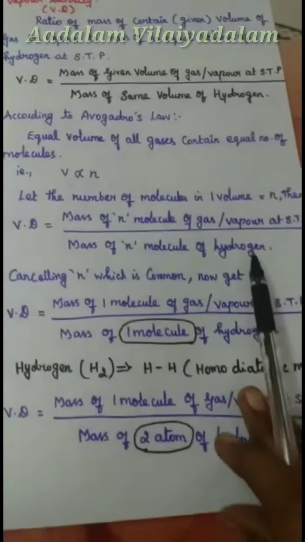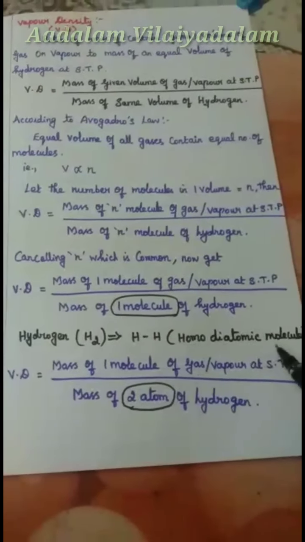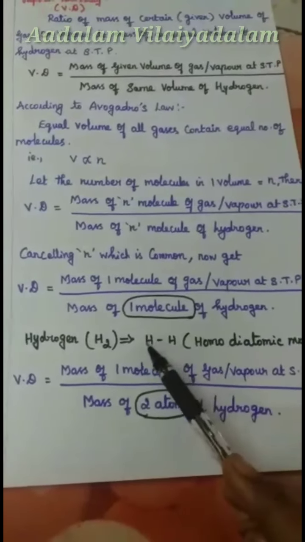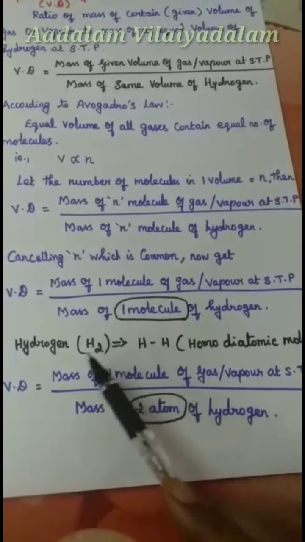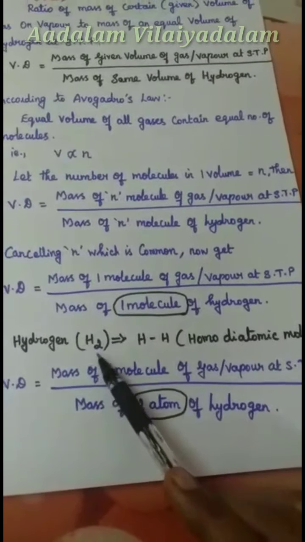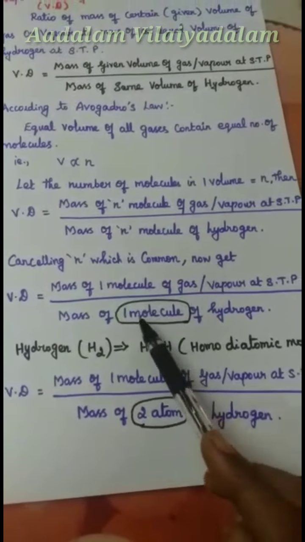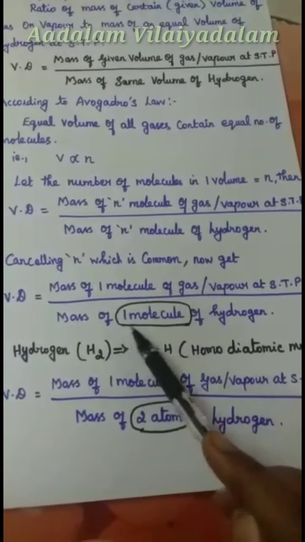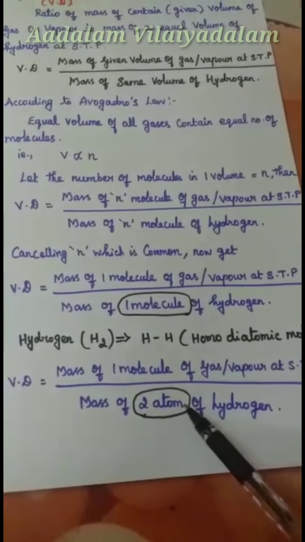And we already know that hydrogen is a homodiatomic molecule. That means it contains 2 hydrogen atoms. That is, the hydrogen molecule H2 contains 2 atoms. So we substitute, instead of one molecule we write 2 atoms.